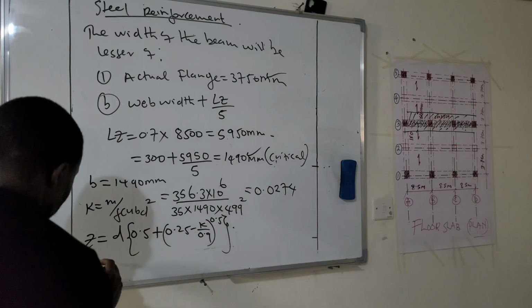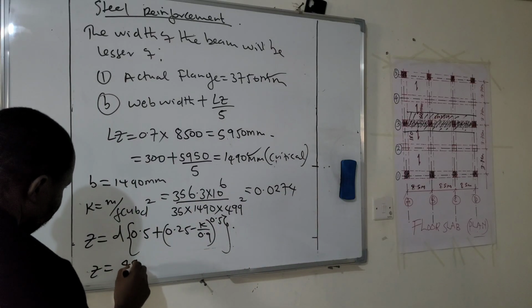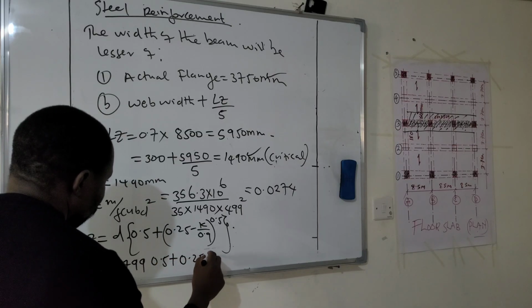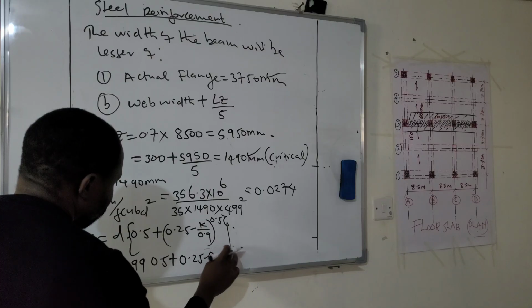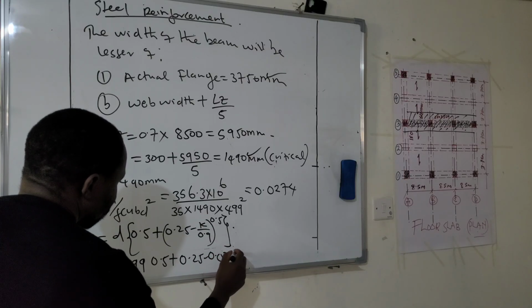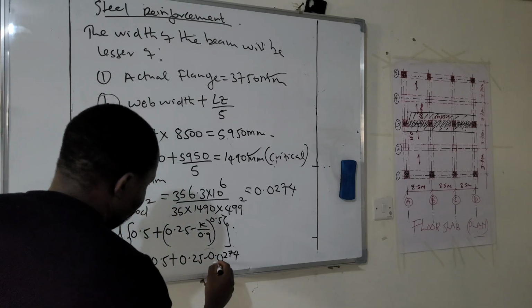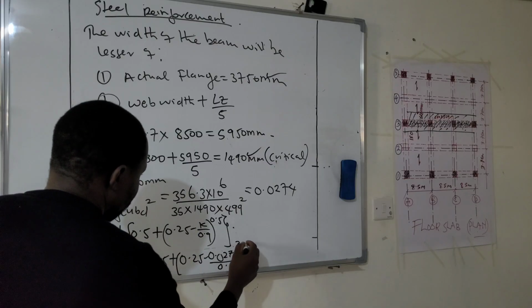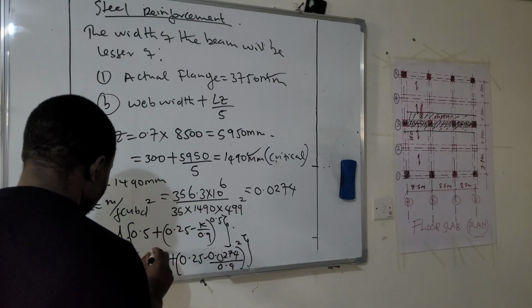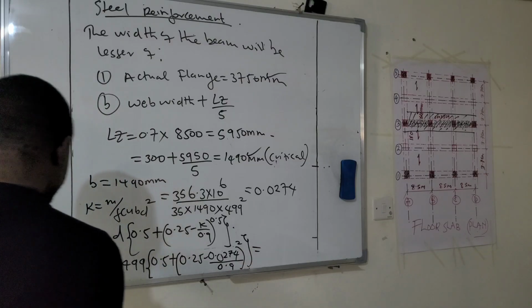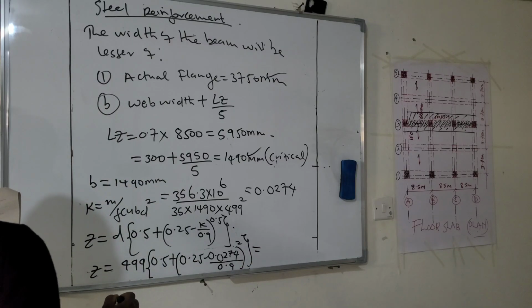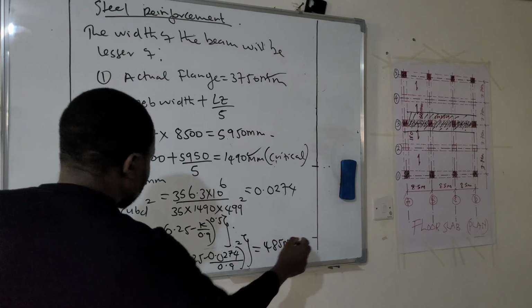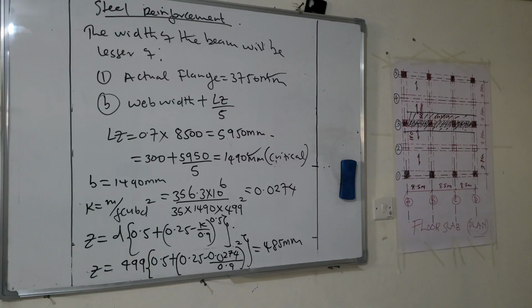So this one is equal to, Z is equal to 499 times 0.5 plus the square root of 0.25 minus 0.02 over 0.9 squared, so you will get 485. Like that.